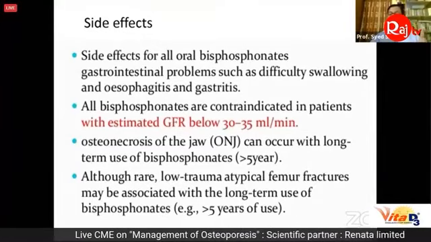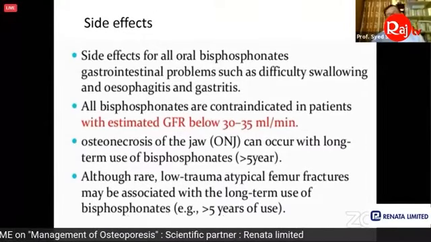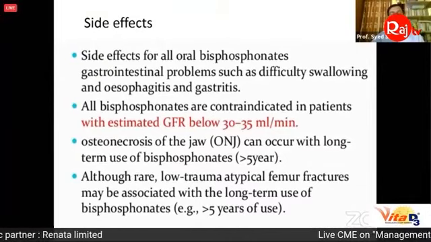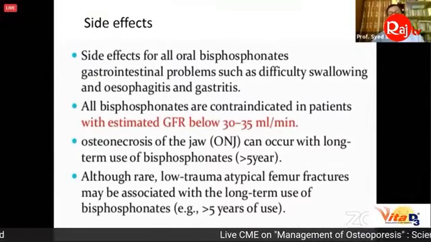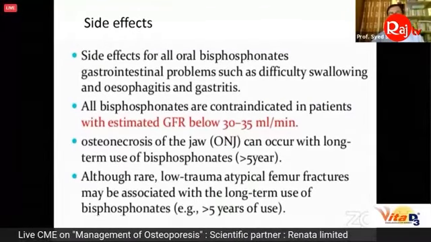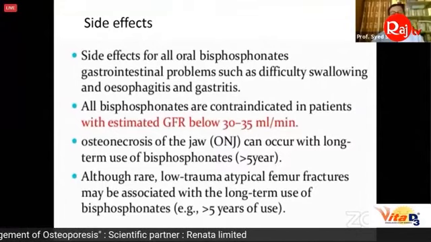You should remember that. Osteonecrosis is one of the complications of bisphosphonate. Another is low trauma atypical femur fracture, usually the proximal part of the femur. These are the common side effects.